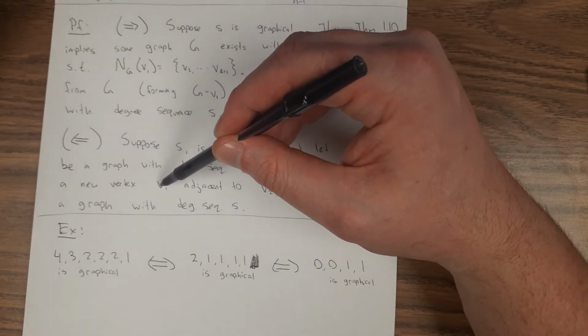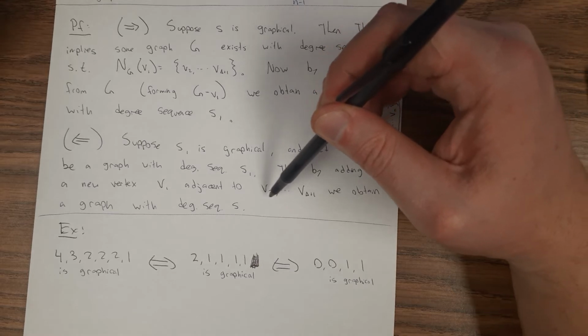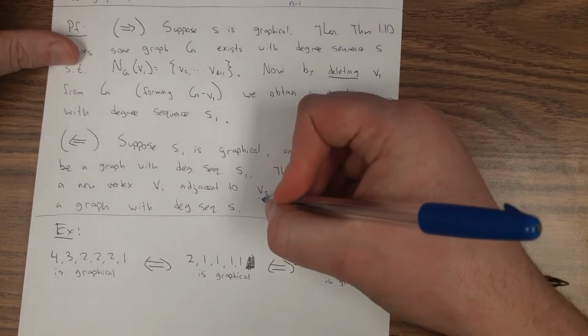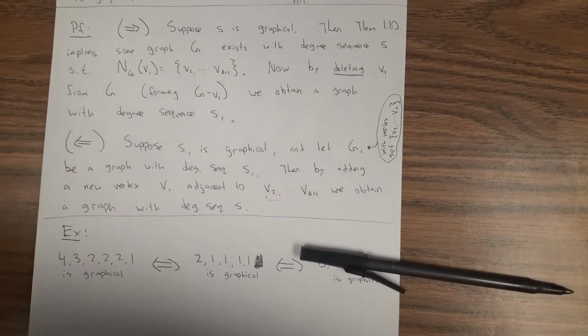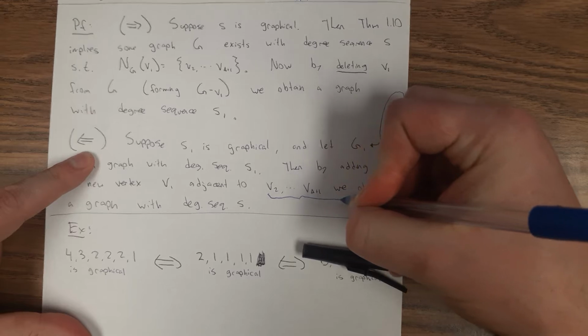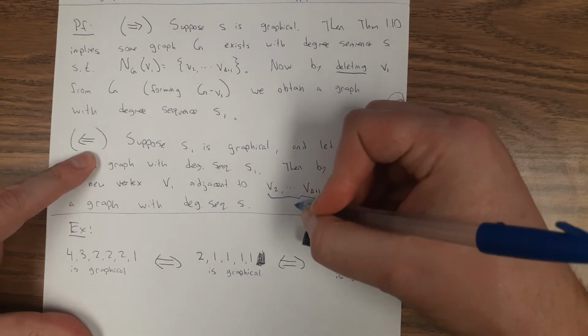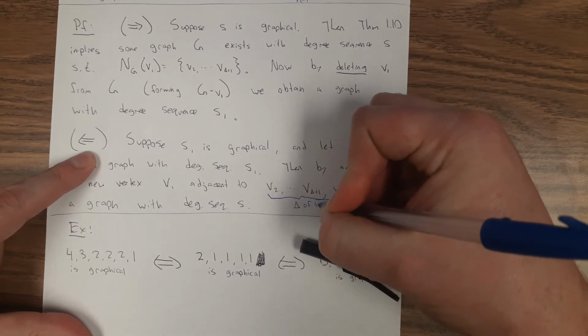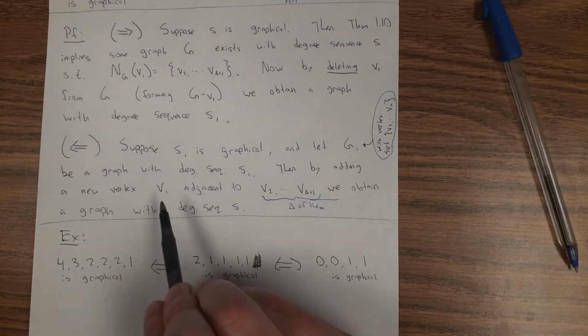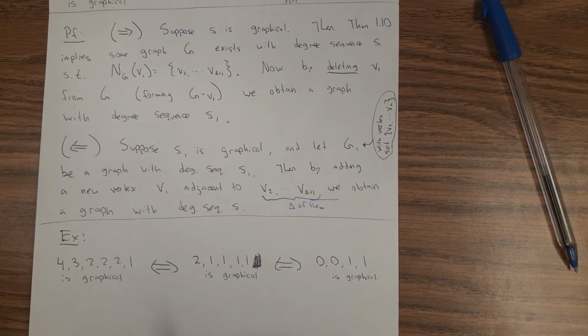The degree of V1 is supposed to be delta, and if you count how many of these there are, there are delta of them, because we're starting at 2 and going up. So there's delta of these, and so the degree of V1 will be delta, because those are the neighbors.